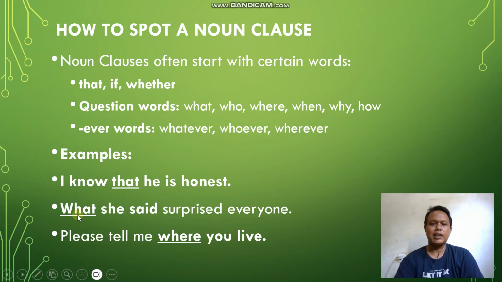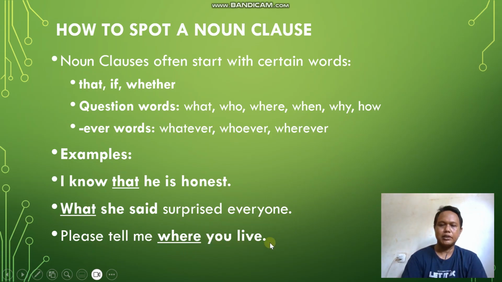We identify the signal word what. "What she said" is a noun clause. The third, "please tell me where you live." "Where you live" is a noun clause. The word where is the signal word, so "where you live" is a noun clause.